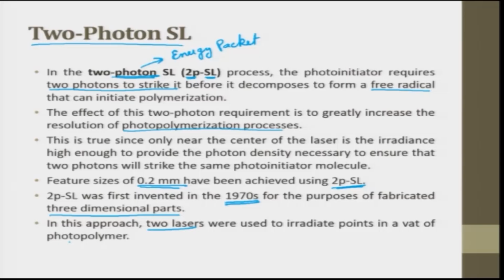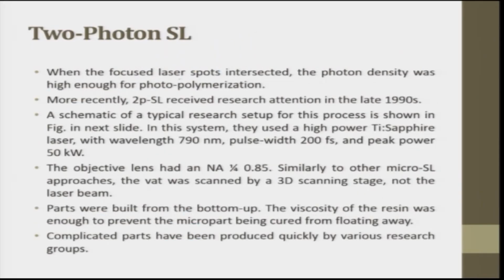So here the concept of layer by layer is no longer pushed. When the focused laser spots, laser 1 and laser 2, intersect, the photon density was high enough to do photopolymerization.